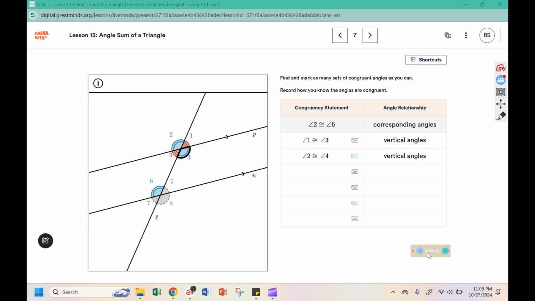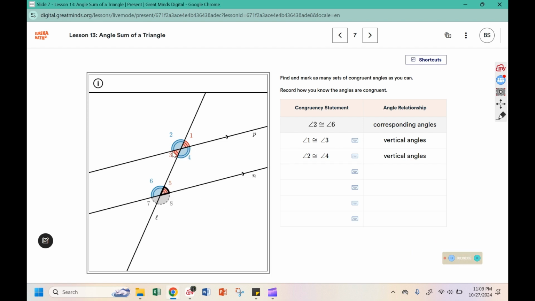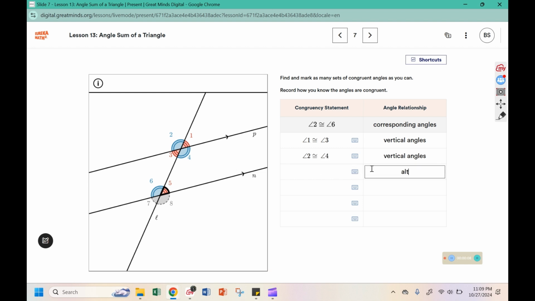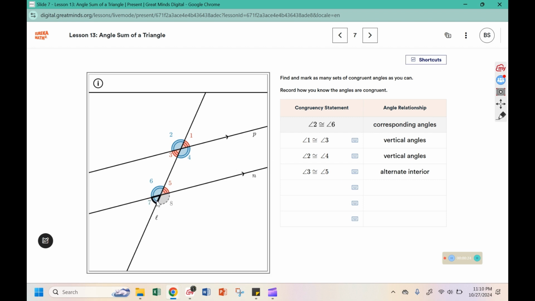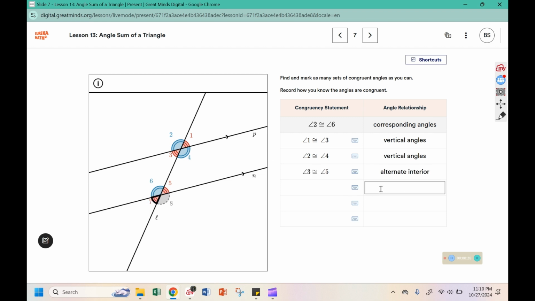We also see that 3 and 5 are congruent by alternate interior. Five and 7 are congruent because they are vertical angles.